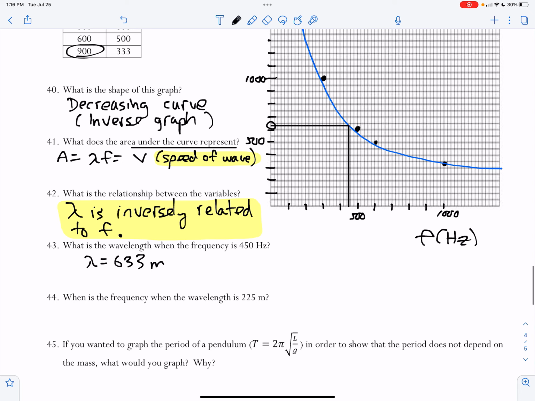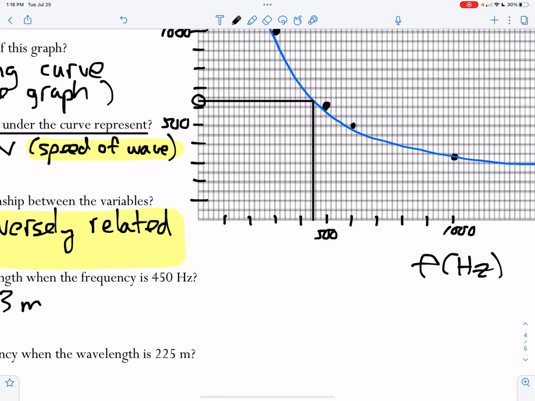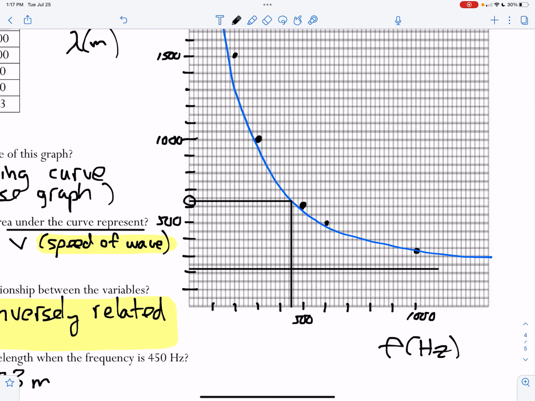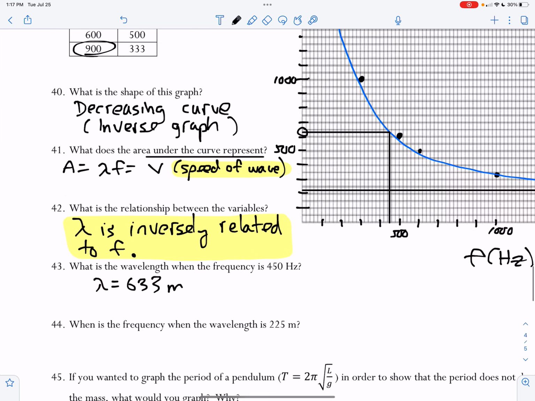Okay. What is the frequency when the wavelength is 225? So you have 200 is here, 300 is here, 250 is in the middle, 225 is halfway. And that's pretty hard to tell because it doesn't really hit the graph per se. But what we could kind of do is just sort of guesstimate it according to the model in terms of how it is, and it's getting up there in terms of frequency.